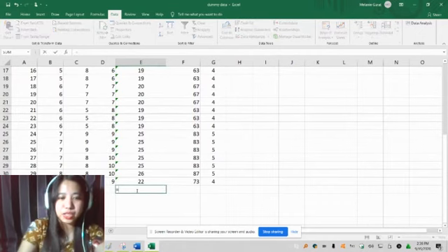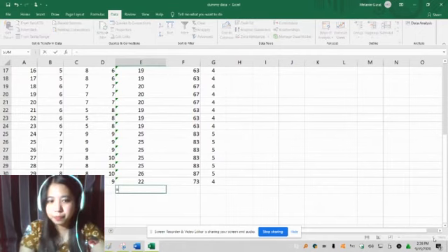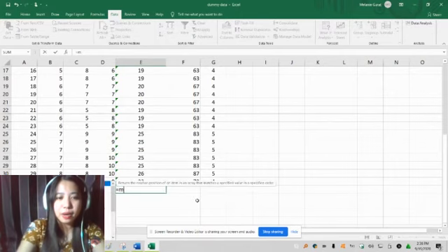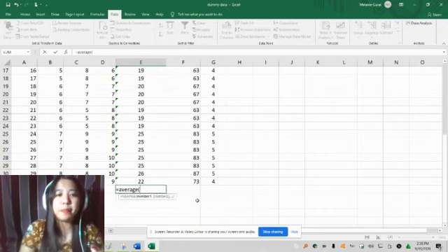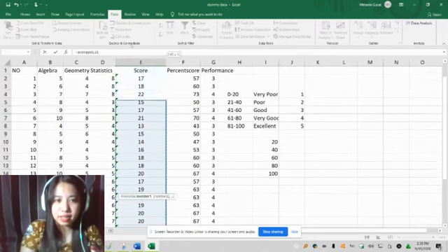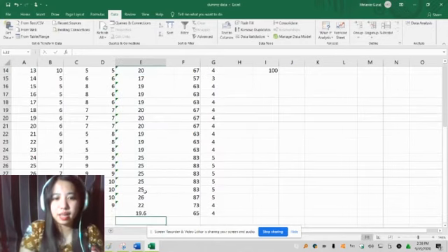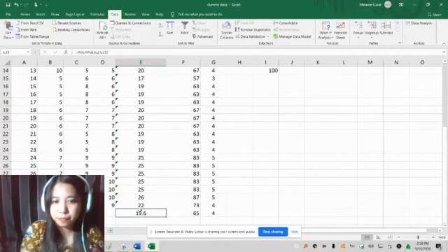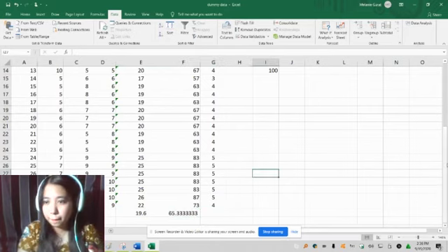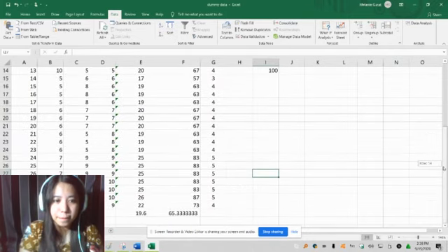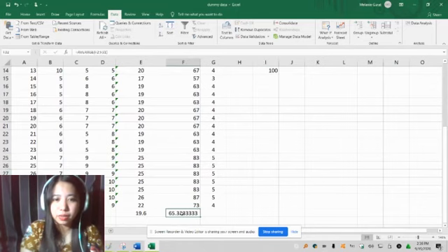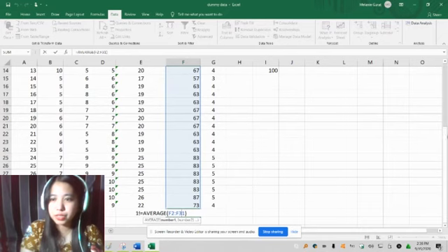So to do that, we will just encode equal sign, average, open parenthesis, and then select this score, close parenthesis, then enter. Okay, so this is the average of the students.